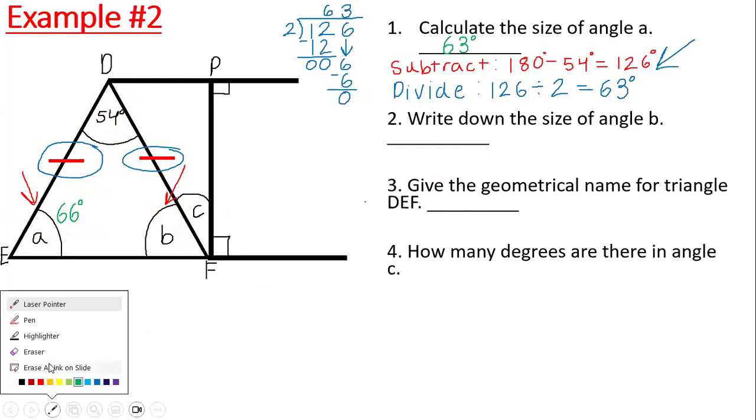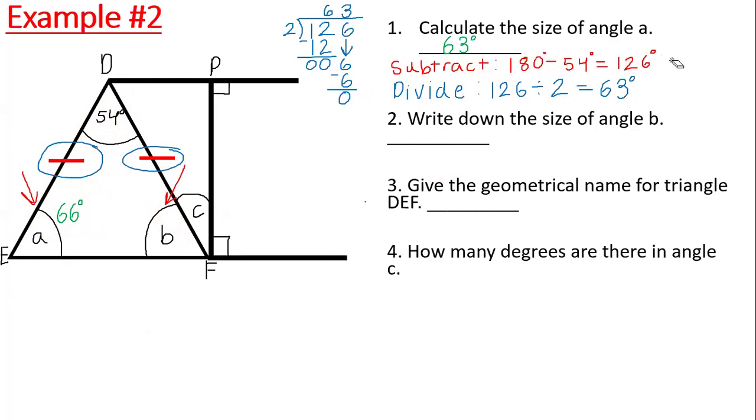It's 126 degrees. But that 126 must be shared between A and B. And so we have 126 divided by 2. That's why we split it, because these two angles are equal. And so we get that this is 63.